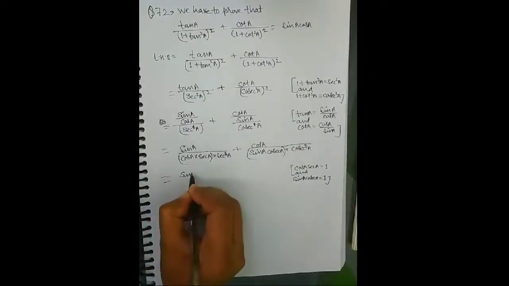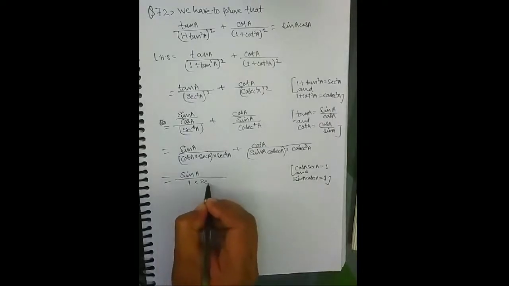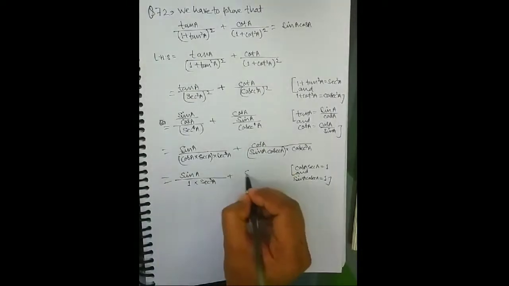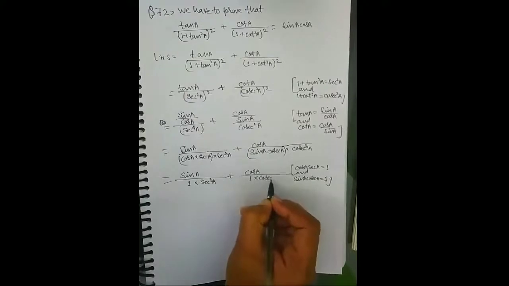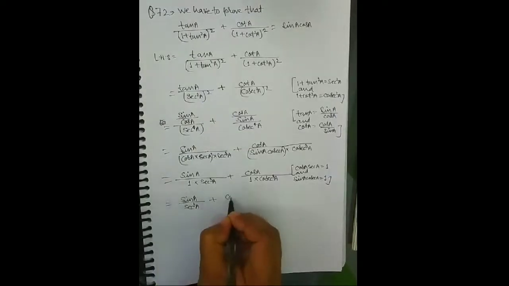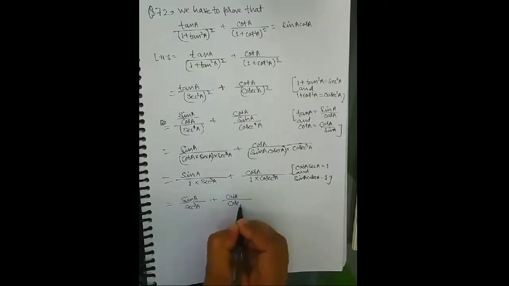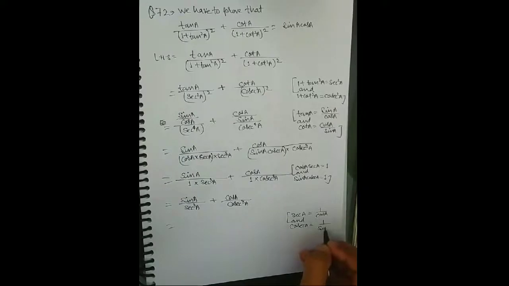So we can write sin A upon cos A into sec A, that is 1 into sec cube A plus cos A upon sin A into cosec A, that is 1 into cosec cube A. We can write sin A upon sec cube A plus cos A upon cosec cube A. यहाँ हम फॉर्मूला यूज करेंगे sec A equal to 1 upon cos A and cosec A equal to 1 upon sin A.